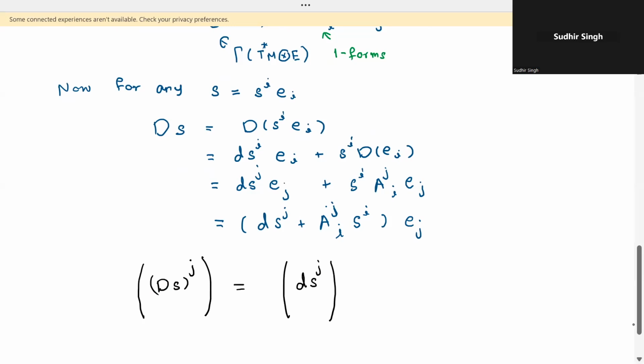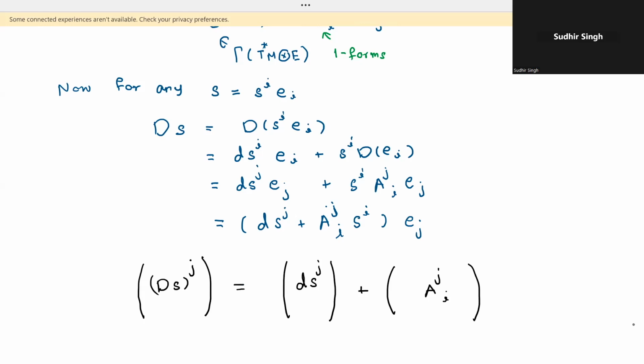The entries are the differentials of the components S^J, and then here you have A^J_I, which are the form entries of a matrix.